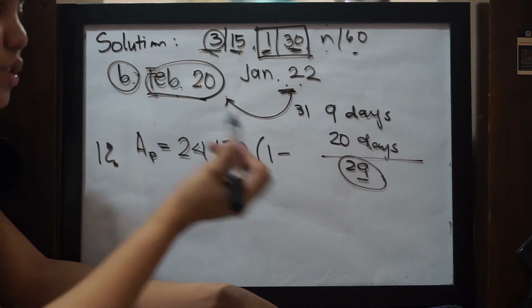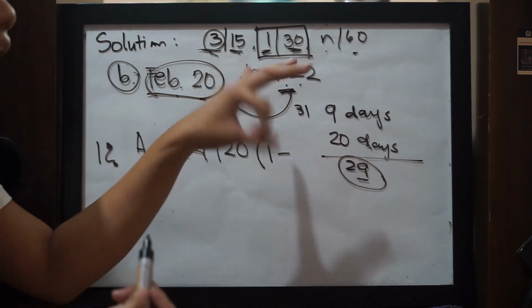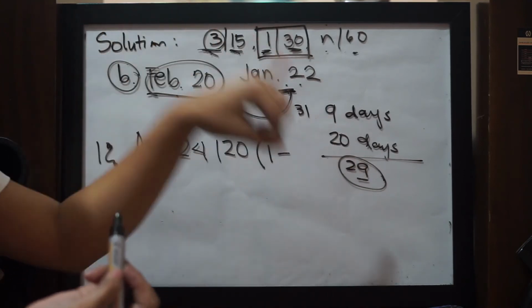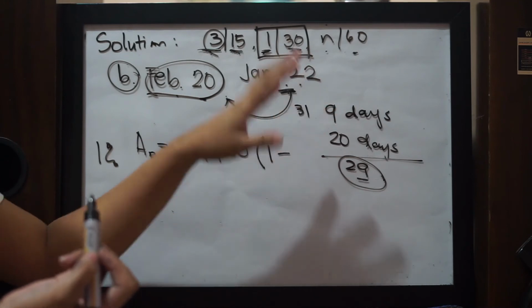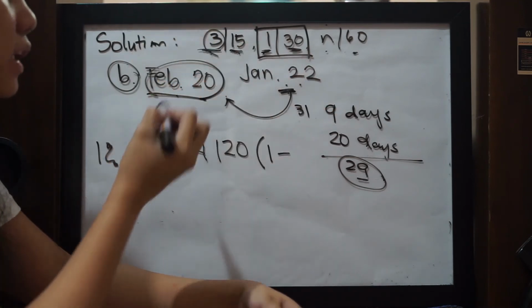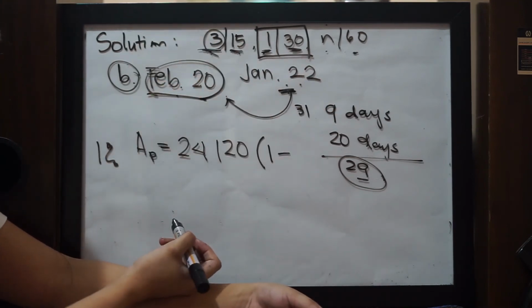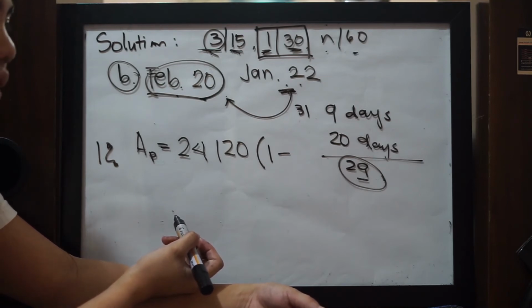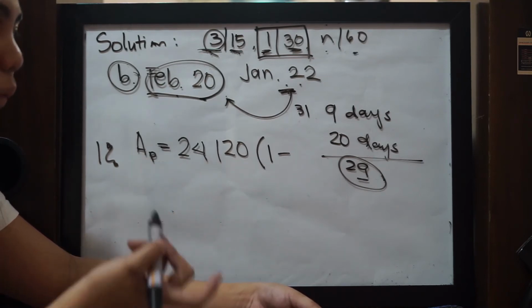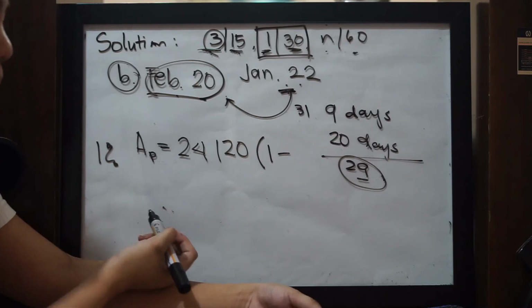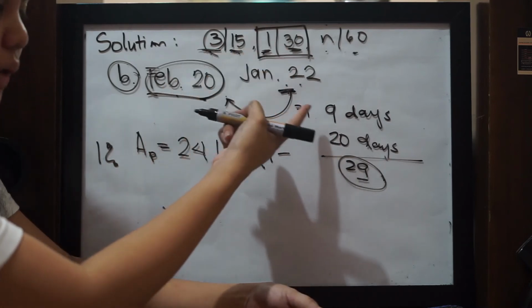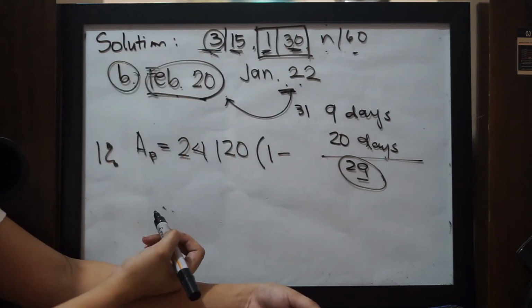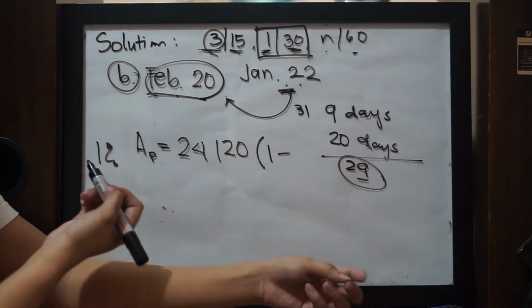Now, if you did not follow how I got that earlier, count it: January 22, 23, 24, 25, 26, 27, until you reach February 20, or you can use the calendar in your calculator, then count it one by one. There is no other shortcut except counting. So, from January 22 up to February 20, we have 29 days.